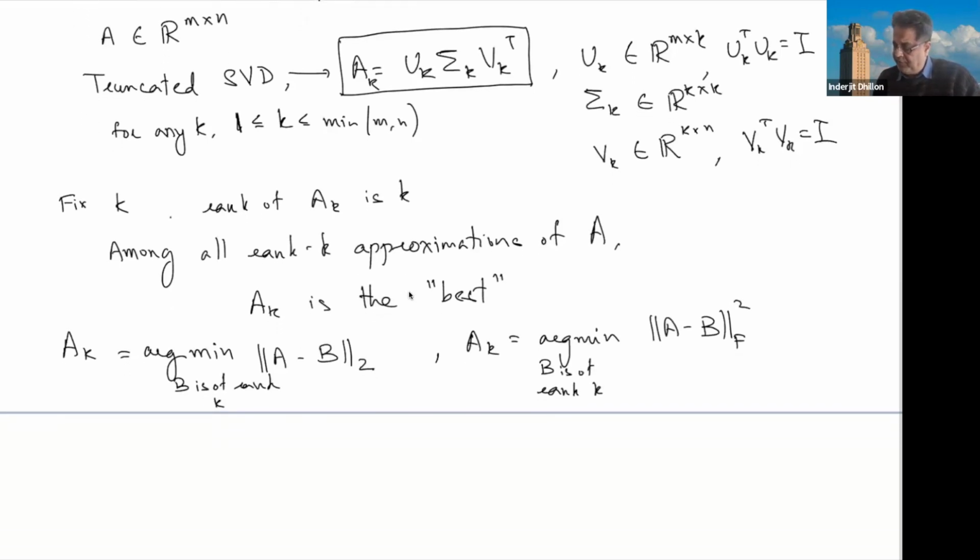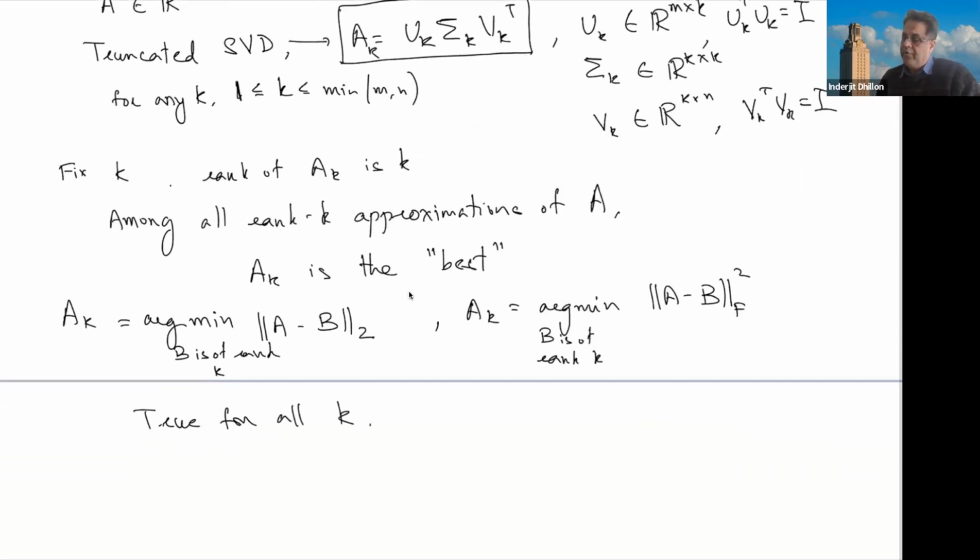And it is true for all K. Remember that AK is equal to UK sigma K VK transpose.